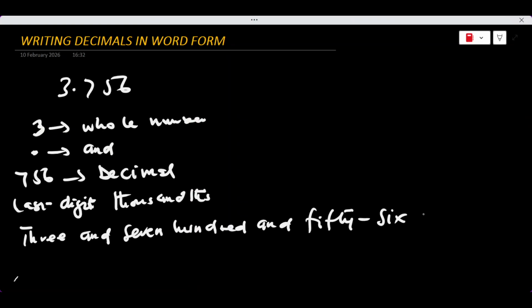Then add the last digit place value, which is thousandths. And that is it. I hope this is clear.